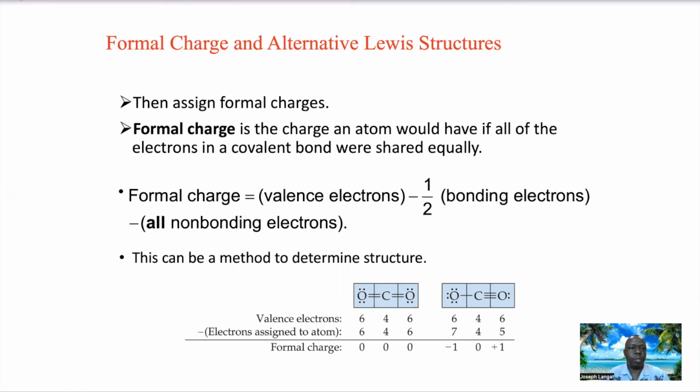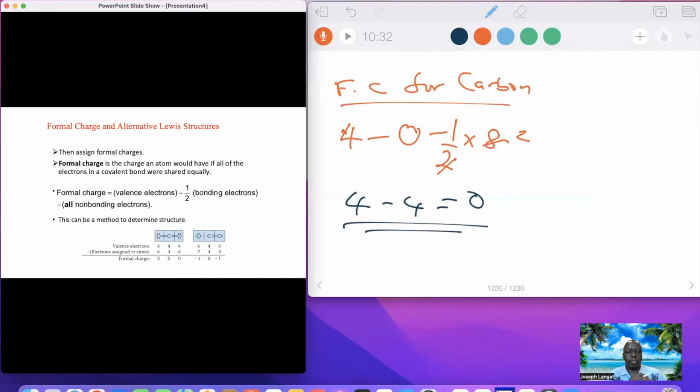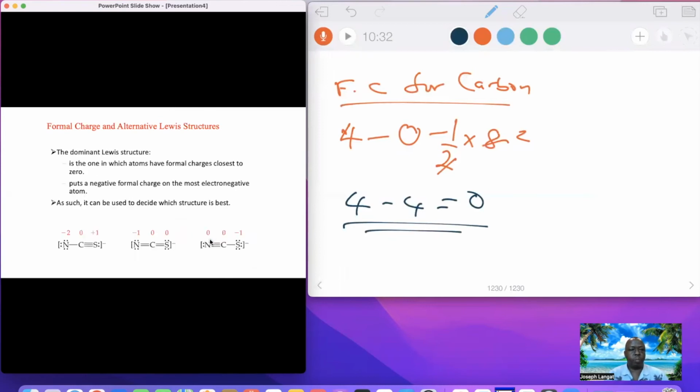So please remember, when we have different structures, we can use formal charge to decide which one is the most plausible.